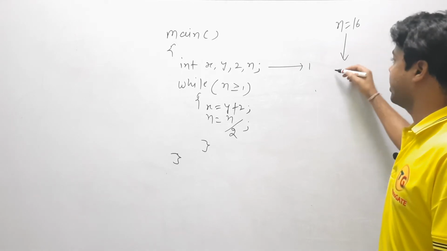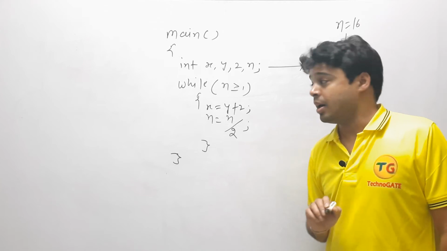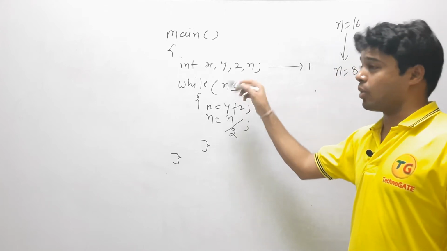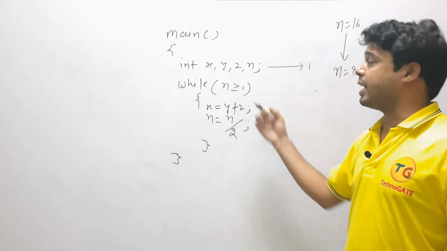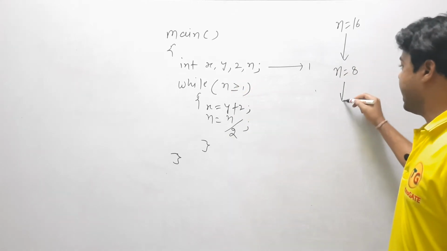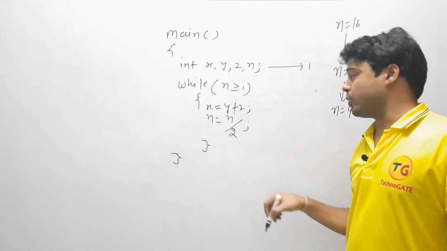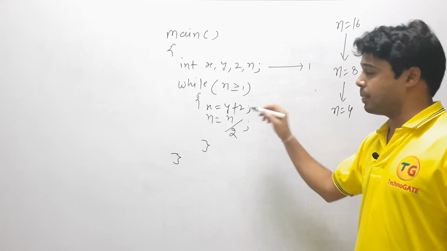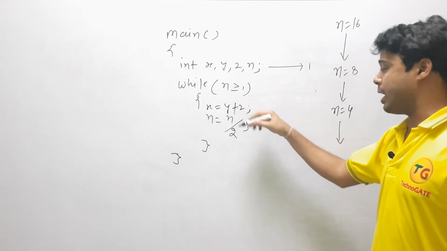So now n becomes 8, 16 by 2, 8. Again 8 greater than or equal to 1, okay, because of the while loop, so it runs many times whenever n is greater than or equal to 1. So n is 4, because n equals n by 2. Now 4 is greater than 1, again executed, then n becomes 2.